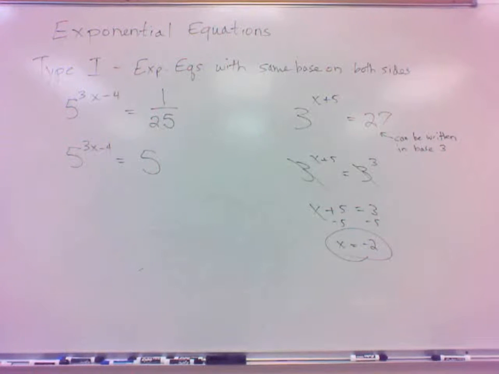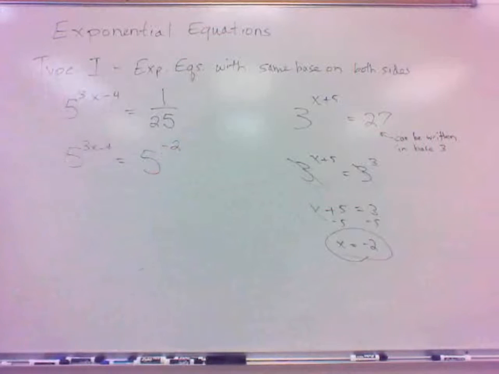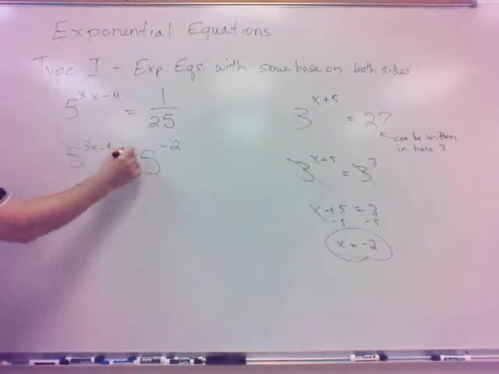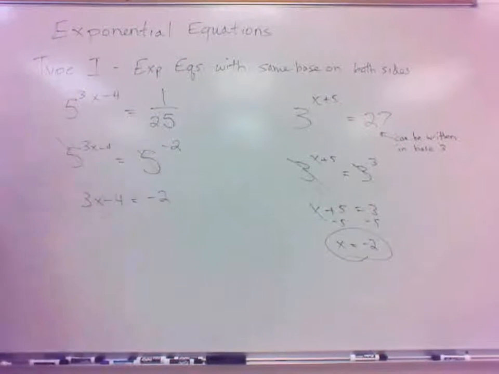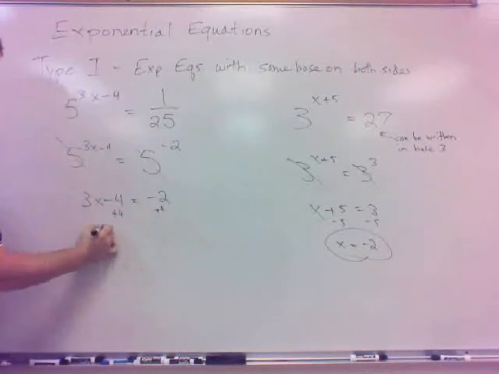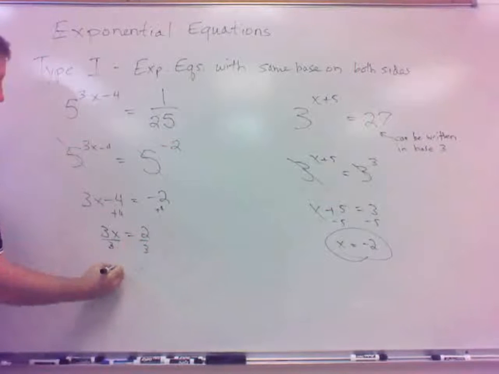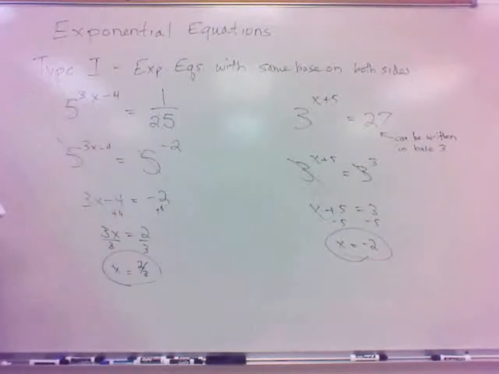How do we get 1 over 25? Negative 2, yeah. 5 squared is 25, but to get 1 over 25, make it a negative 2, right? 1/25 is 5 to the negative 2. So then again, the base 5's cancel, so I have 3x minus 4 equals negative 2. So I'm in business once again. Add the 4, divide by 3. X is 2/3. Okay?